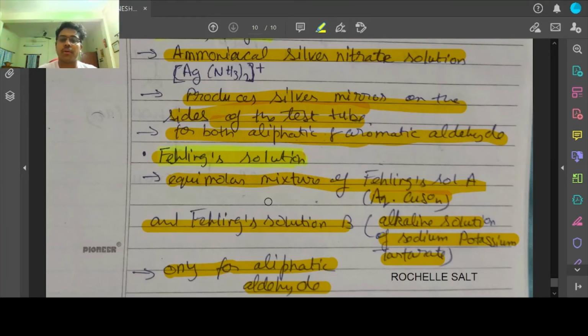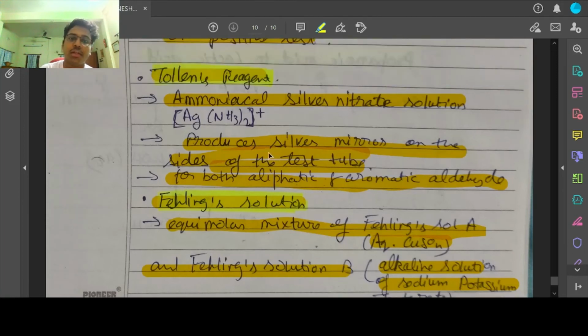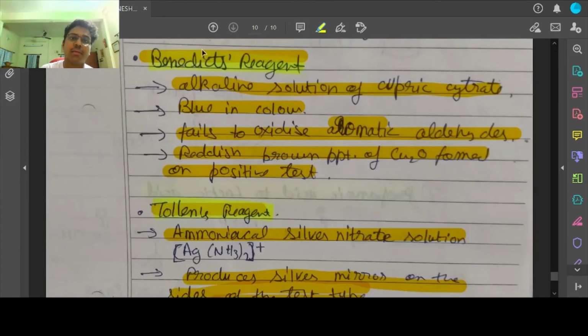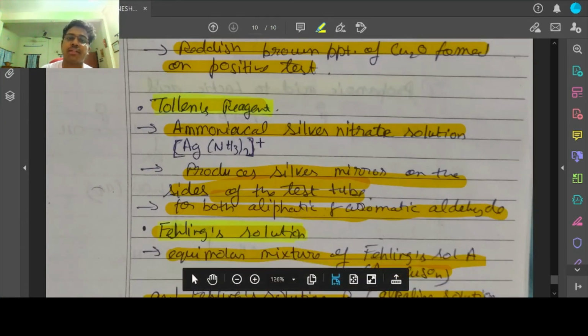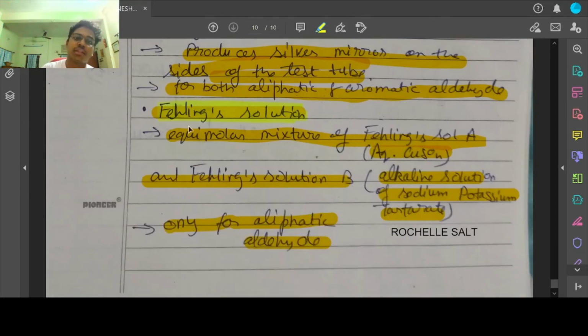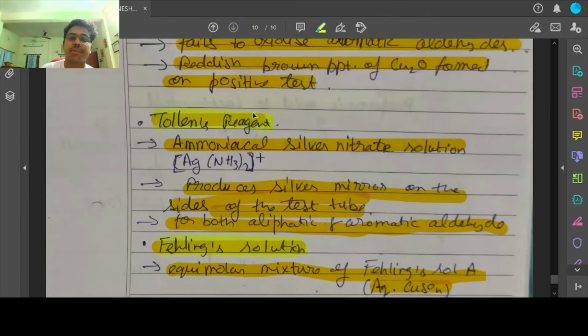You will be given four compounds and you need to identify which is which. To confirm the presence of aldehyde, you need to perform the Fehling solution test, Tollens reagent test, and Benedict's reagent test. After you perform all these, you will get to know whether it is aliphatic or aromatic aldehyde or not.